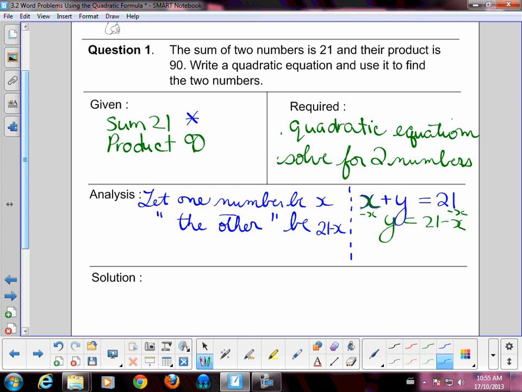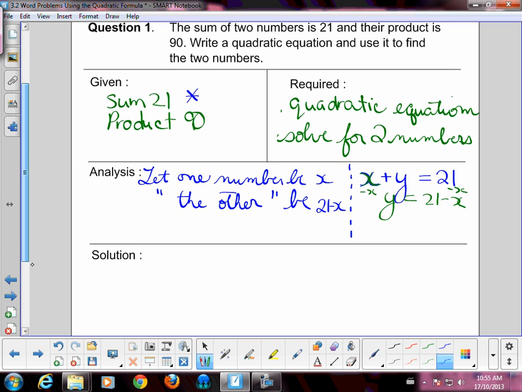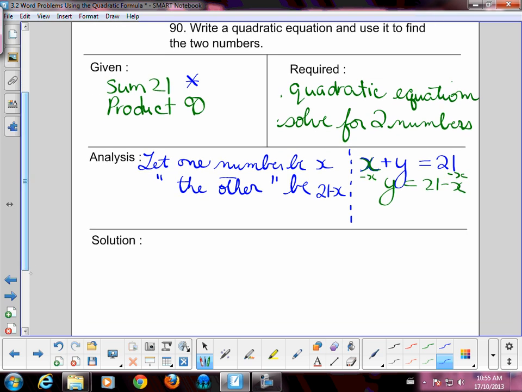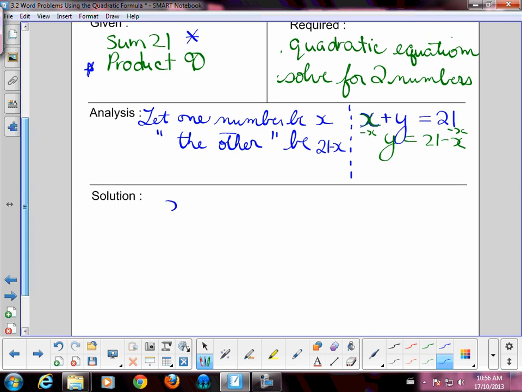Okay, so I have my let statements. Now my solution. Remember we're doing quadratics and we have to come up with some kind of multiplication situation here. Well, they tell us the product is 90. So using this information, if we take our first number and multiply it by the second number, we end up with 90.